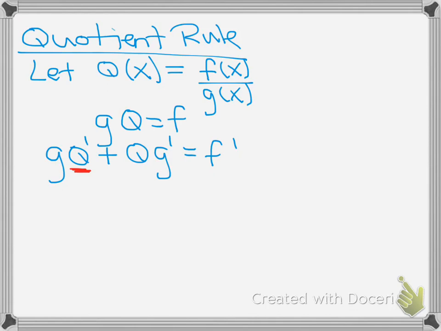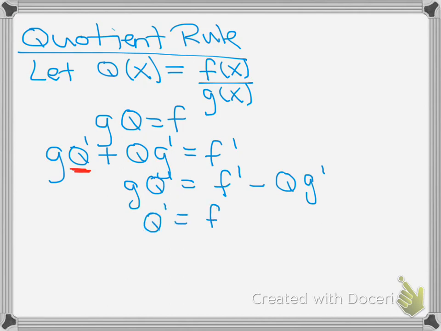And so when I solve for that guy, I get g q prime by saying f prime minus q g prime, or q prime equaling f prime minus, okay, I'm not going to write q because q is really f divided by g, times g prime, all divided by g.